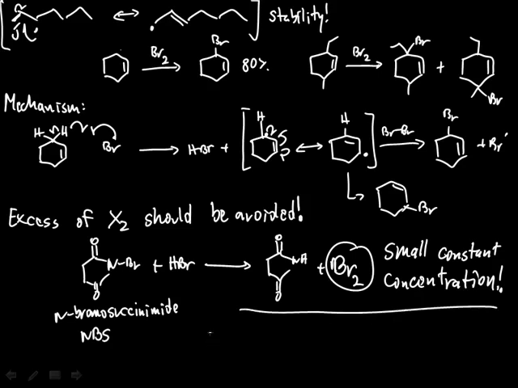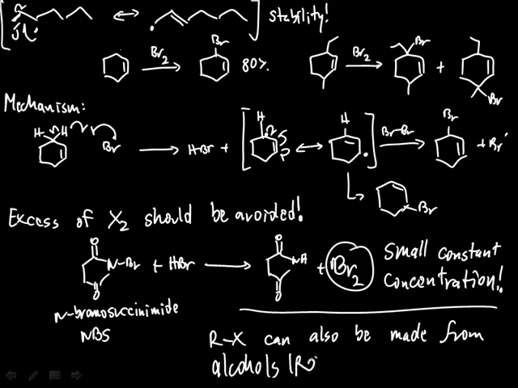Now, haloalkanes can also be made from alcohols or alkenes. But these reactions relate to classes of compounds we haven't talked about yet. We'll mention them later.